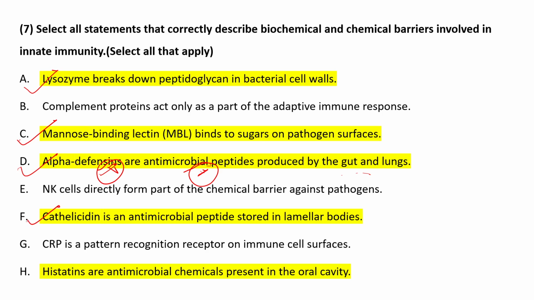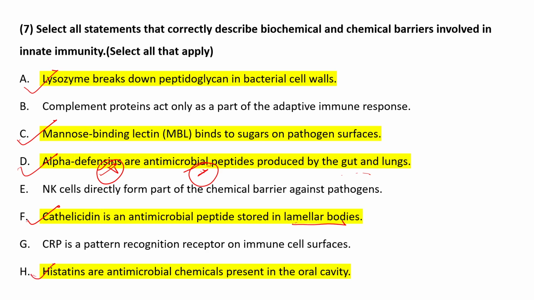Next one is cathelicidin is an antimicrobial peptide stored in lamellar bodies. Yes, we have seen that cathelicidins are host defense peptides found in many types of immune cells like neutrophils and macrophages, and are stored in lamellar bodies in the skin and the mucosal tissues, and are released upon infection by a pathogen.